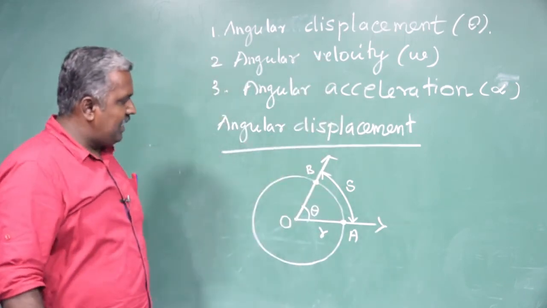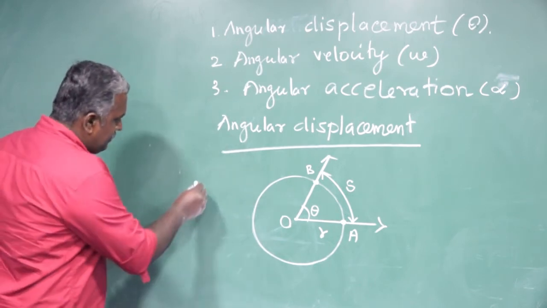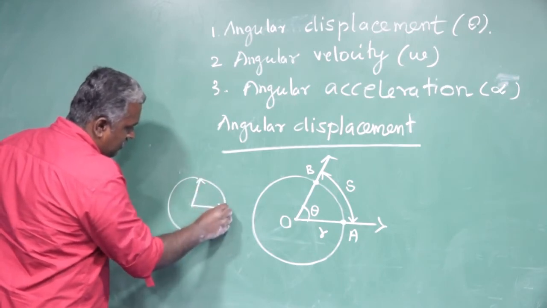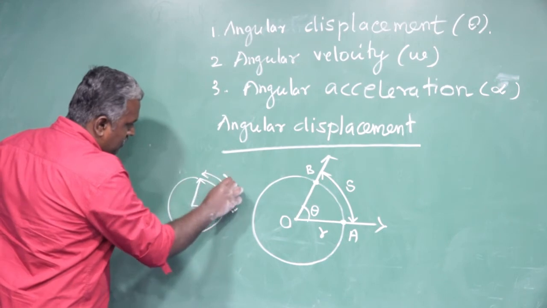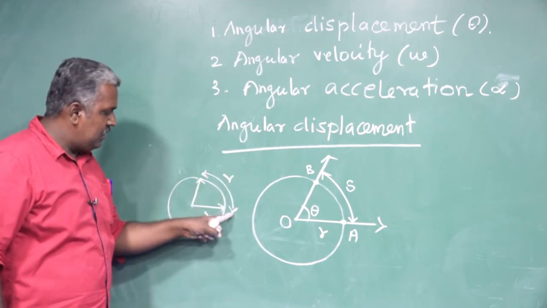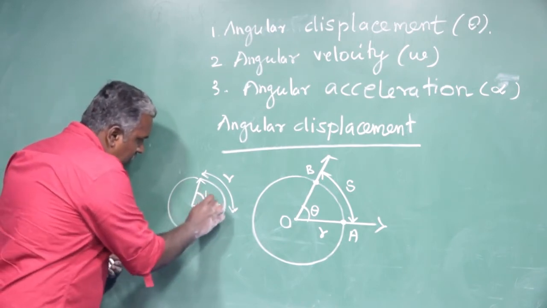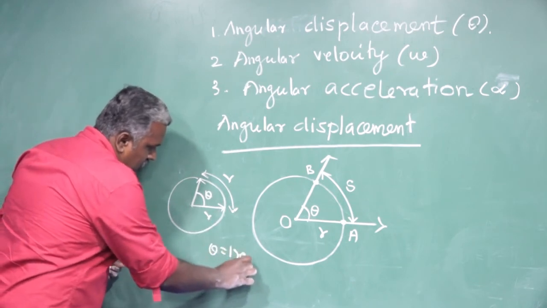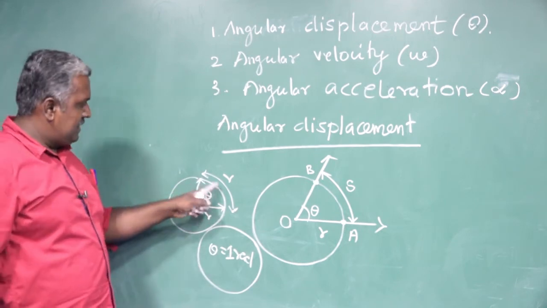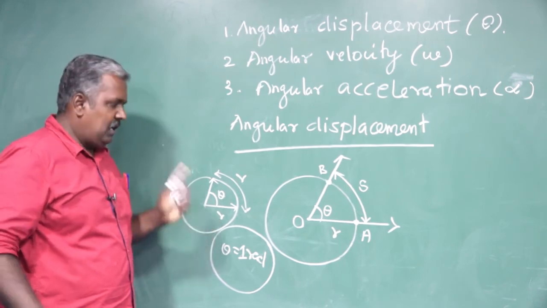Already seen this diagram. What is 1 radian? If the length of the circular arc is equal to the radius of the circle, then this theta is equal to 1 radian. This gap and this gap are equal to R.